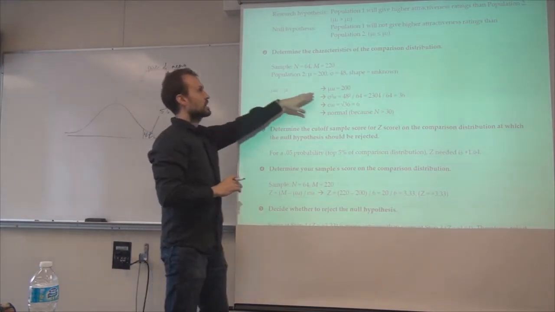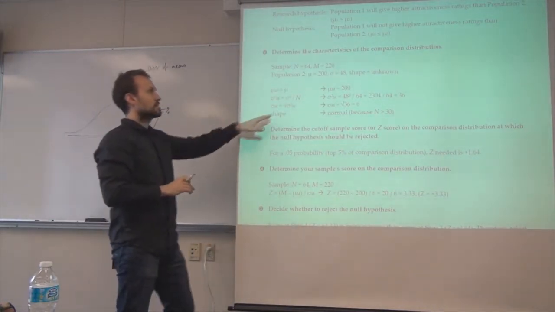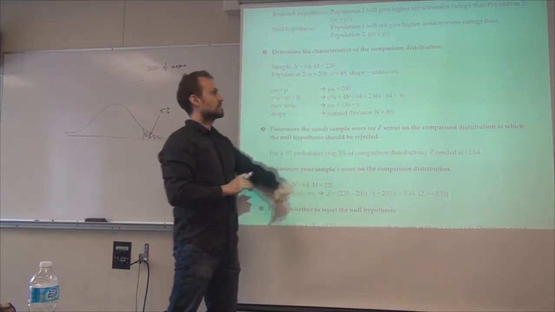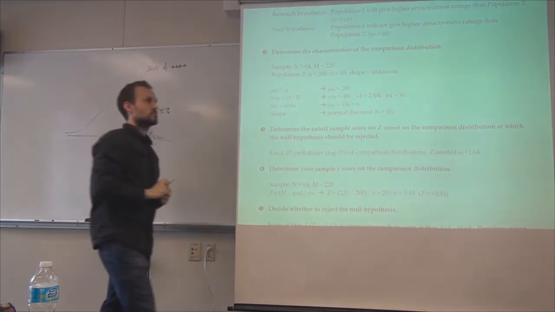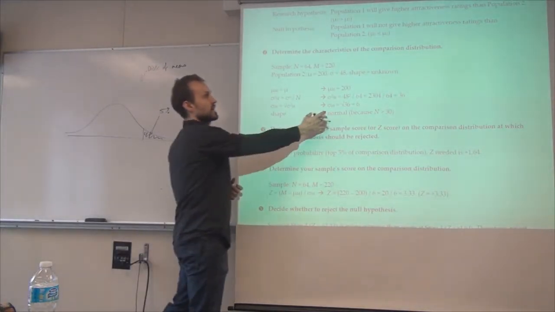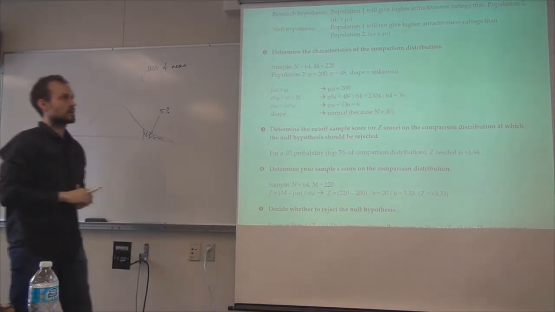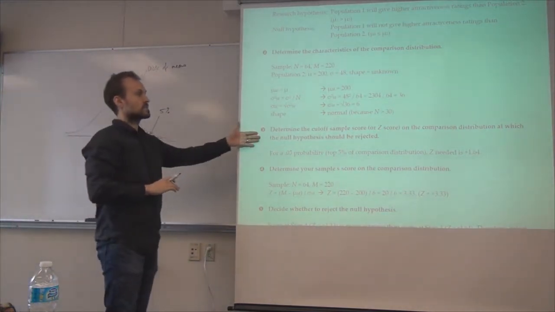So I calculate the mean. The mean is the same. Standard error, I get a 6, less than the population standard deviation. And the shape is normal because I have at least 30 individuals in my sample. So I decide on my significance level.